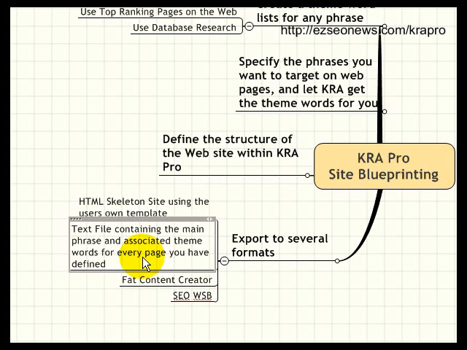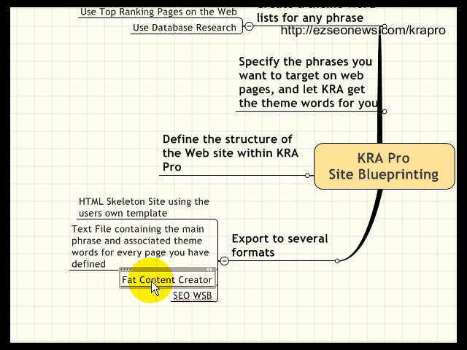It's an ideal resource to file away when you first start planning a site, so then you can refer back to it when you come to create the content, or better still, get ghostwriters to write the content for you and just give them this file with instructions telling them how to use it, and they can write the content for you based on your primary phrase and theme words.